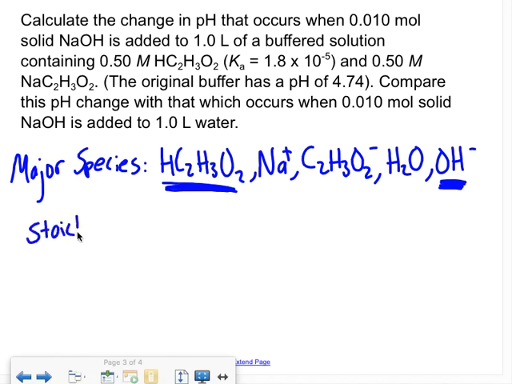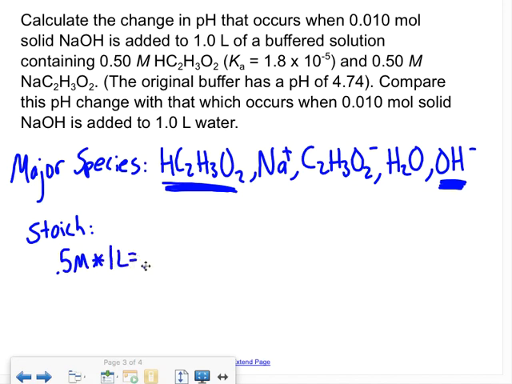So we're going to be doing stoichiometry with the acetic acid and the hydroxide, and a good way to start that is by figuring out how many moles you have of the solution. So let's find our moles of acetic acid. Now we have a 1 liter solution that's 0.5 molar acetic acid, so the molarity times the volume in liters is equal to the moles.